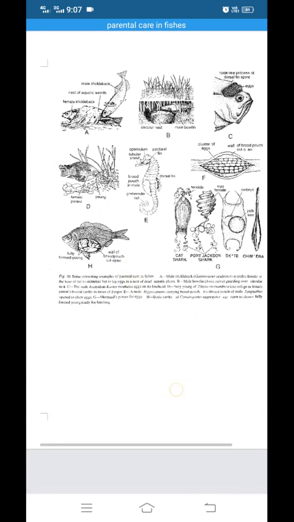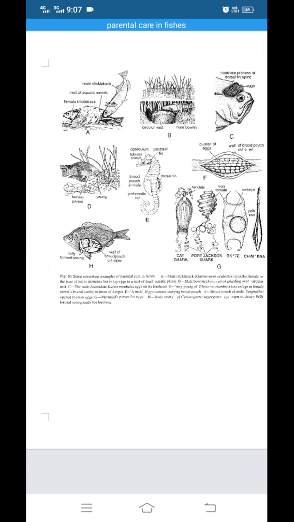Now, another kind of parental care is integumentary cups.